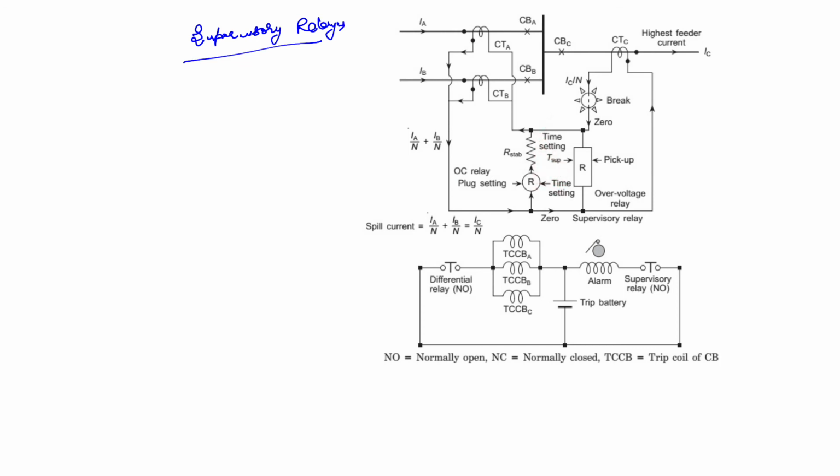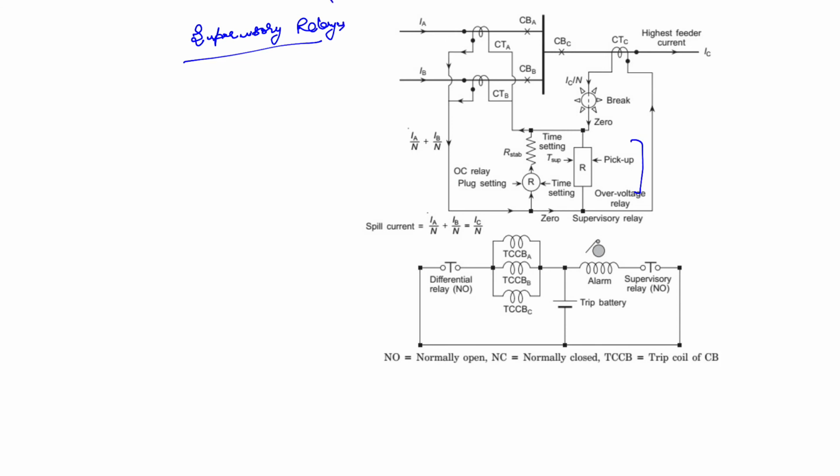You can see that this spill current of IC divided by N will develop a voltage across the series combination of the stabilizing resistance and the overcurrent relay, which can be sensed by a sensitive overvoltage relay, known as the supervisory relay.